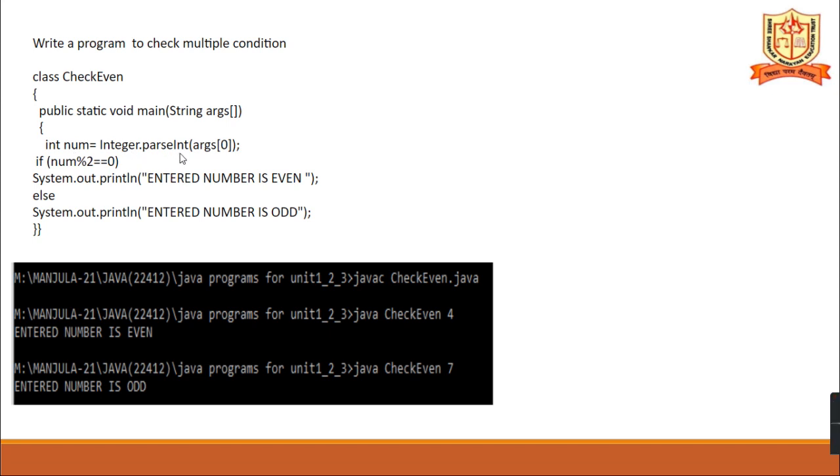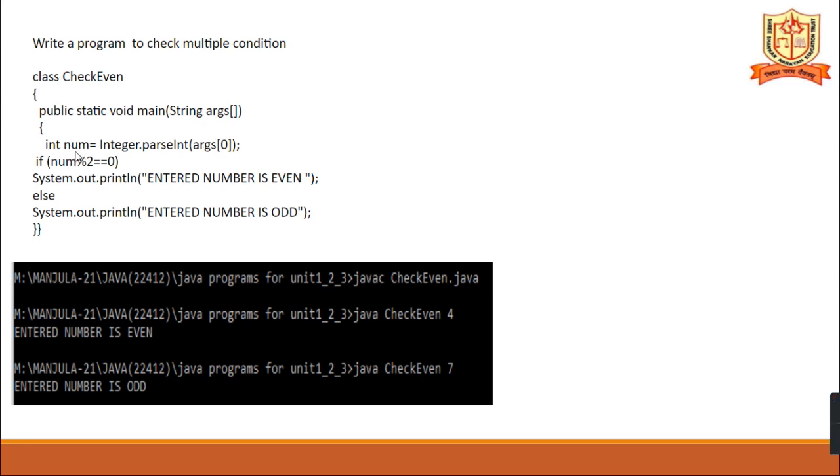Num. Java always takes the user entered value in terms of strings only, which you are supposed to convert into an integer. For that we are using this Integer.parseInt wrapper class. Is it clear? So using this wrapper class we are converting the string value into the integer value.